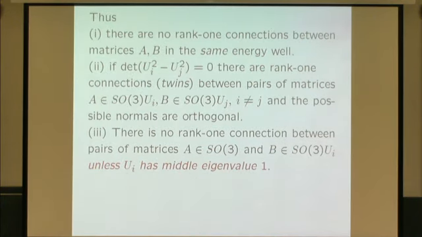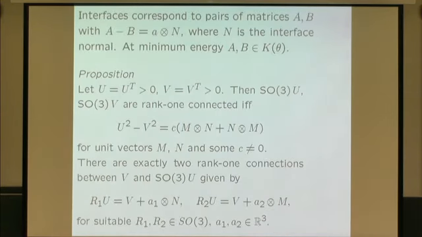Secondly, if you take two Martensite variants, U_i and V_i, then in order for this to have this form, it's necessary, and in fact sufficient, that the determinant of the matrix is 0, because this matrix over here is of rank 2.